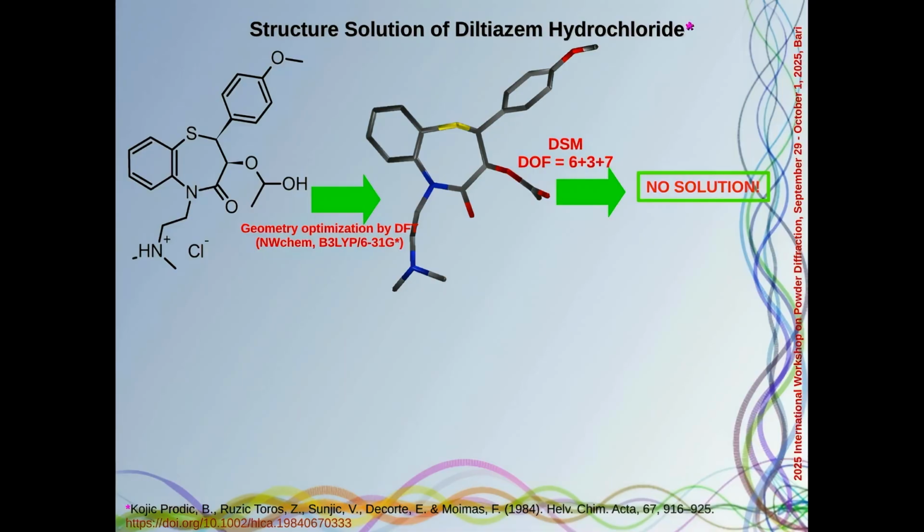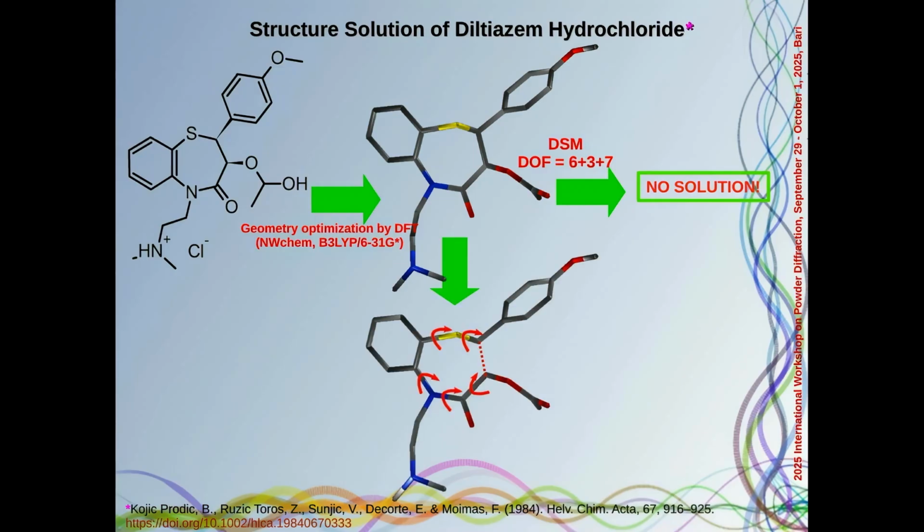The reason in this case is simple, if you think about it, because when you perform a geometry optimization, you are assuming that your molecule is in the gas phase, and sometimes the configuration of a ring system in the gas phase is different from the configuration when more molecules are packed into the solid state. So a possible solution to this problem is to break one bond and make this ring flexible.